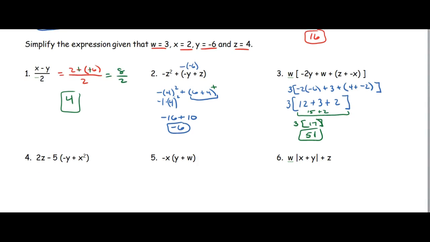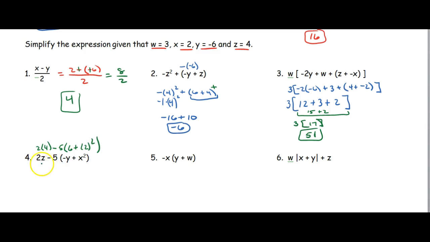Okay? Now, the next one. Sometimes, I'll just evaluate in my head. So when I go to substitute here, I get 2 times 4 minus 5 times, again, the opposite of y is going to give you the opposite of negative 6, which gives you positive 6, plus, we're going to do x squared, so that's going to be 2 squared.